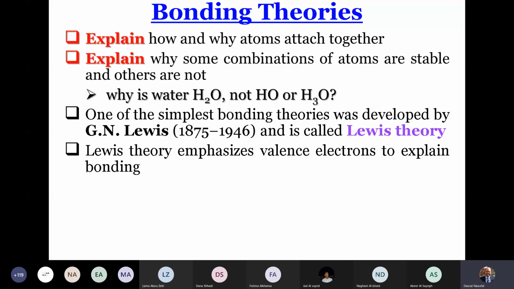Around it we have core electrons, and at the end we have valence electrons. We are not interested in the core electrons since they are not responsible for the bonding. The valence electrons are responsible for bonding between two atoms. So in order to explain this bond, we draw the valence electrons of the first atom and the valence electrons of the second.